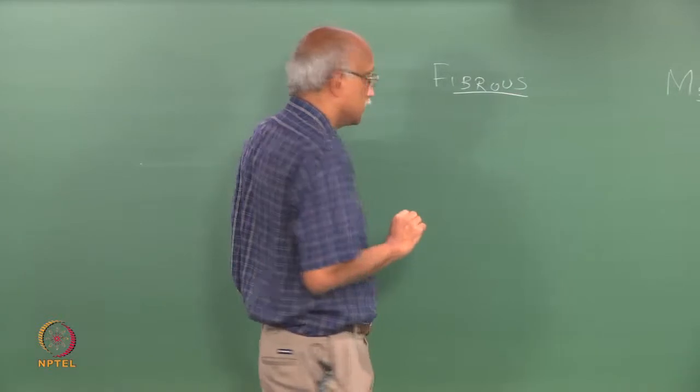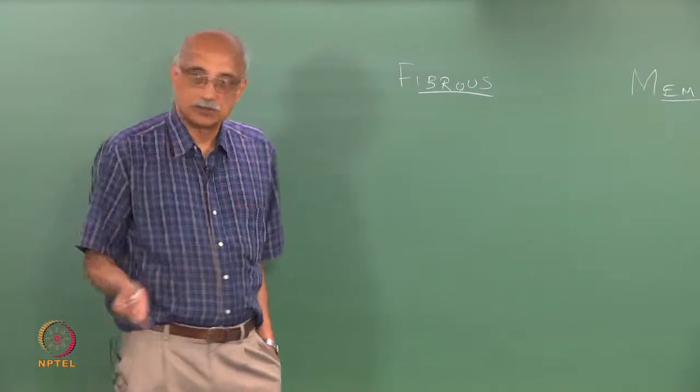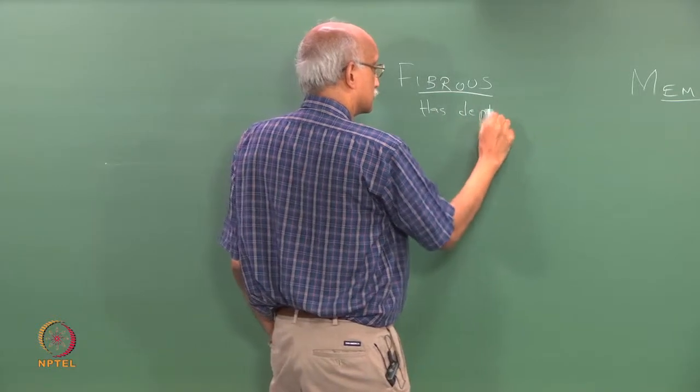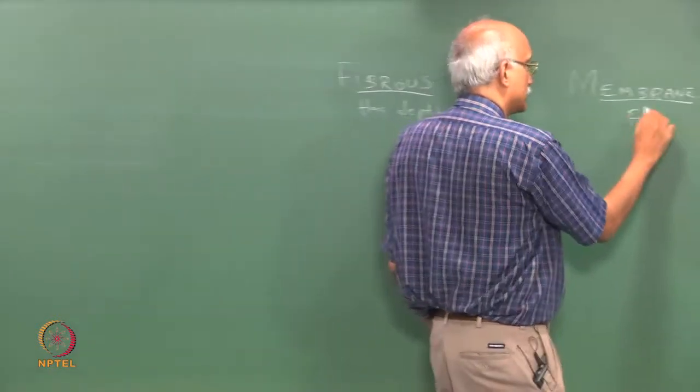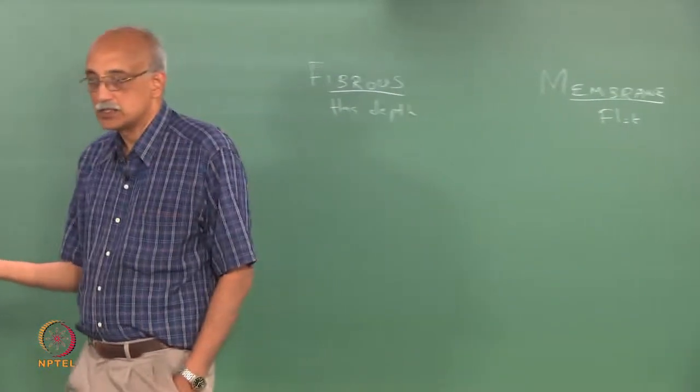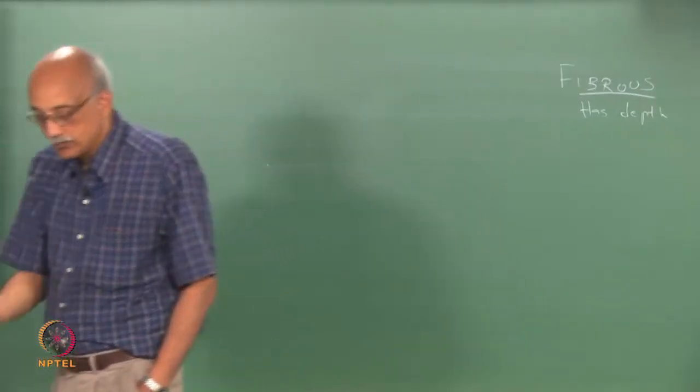The first thing you have to realize is that a fibrous filter has depth, whereas a membrane filter is flat. It is basically a flat surface, whereas a fibrous filter is basically a fiber bed.